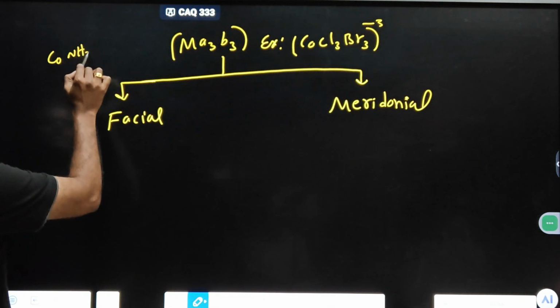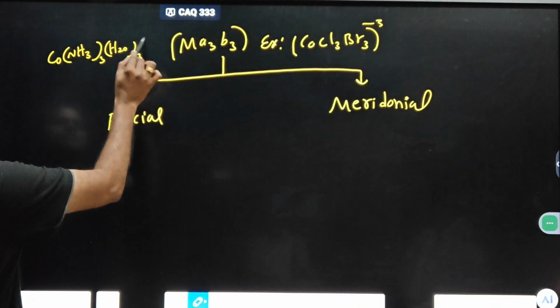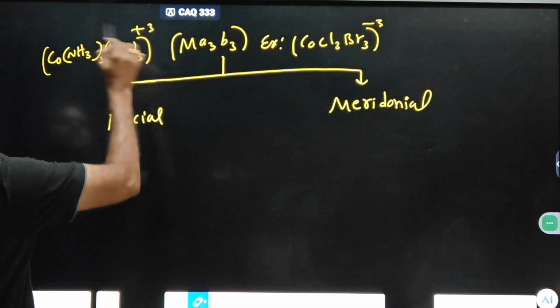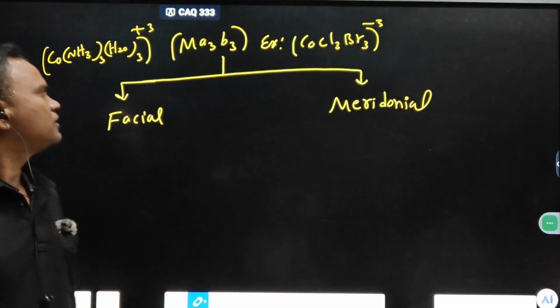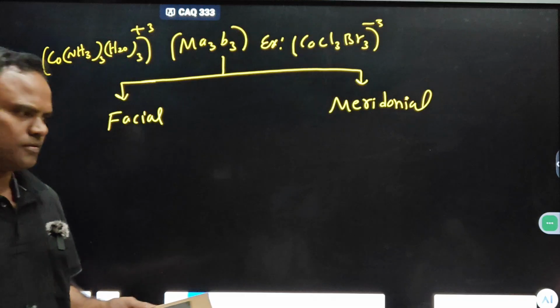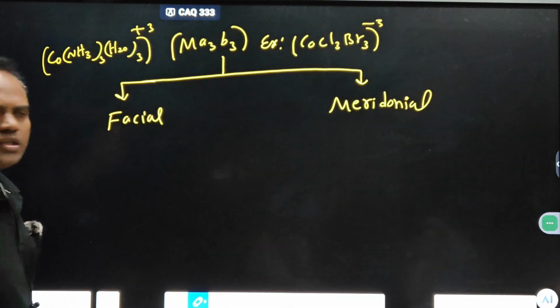Cobalt NH3 taken thrice, H2O taken thrice, plus 3. MA3B3 category. But facial means one thing. Take this example, CoCl3Br3.